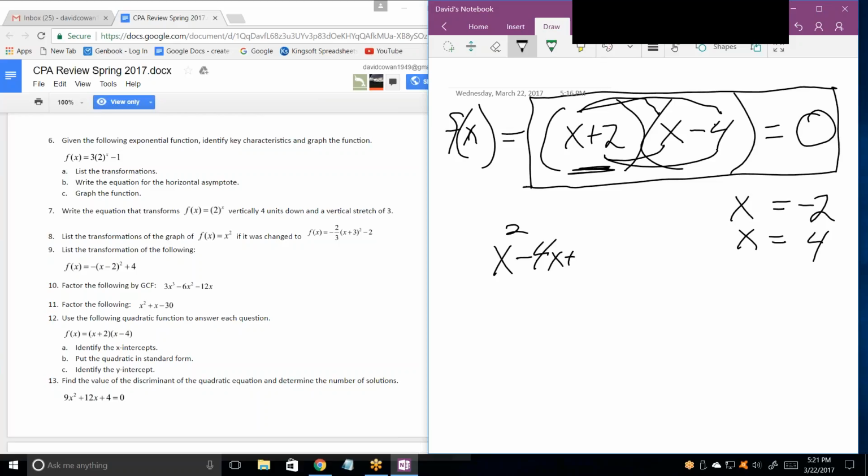L is the two numbers. Inside is the +2 times the x. Two x. And finally the L is +2 times -4.